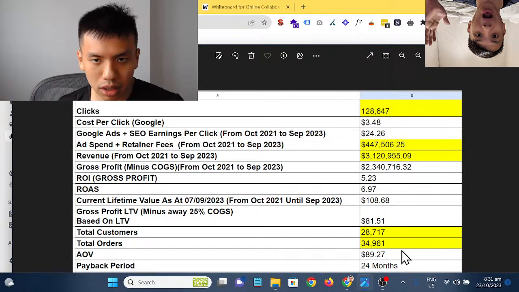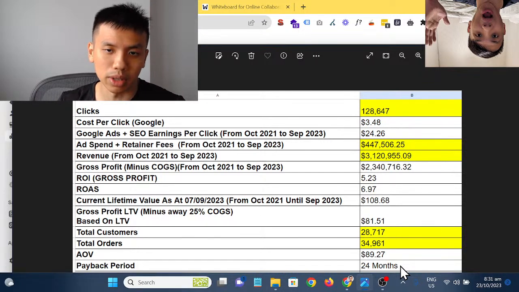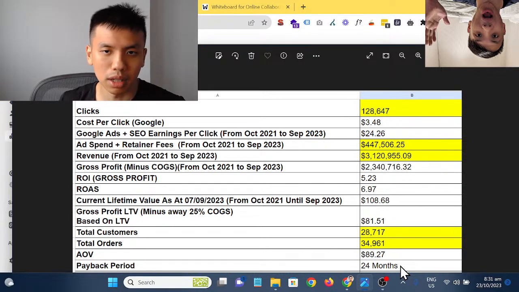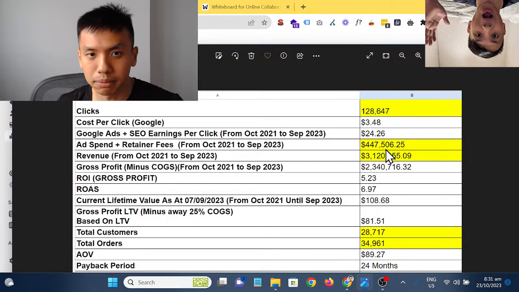So the other thing that we're going to talk about is what we call the payback period, right? The payback period tells us how long it takes for the money soldiers to go out and push, and then how long it takes for them to come back to camp. I have spent 447k.